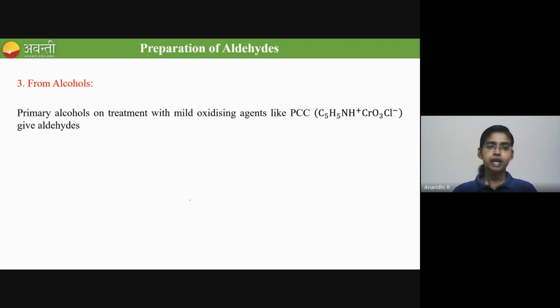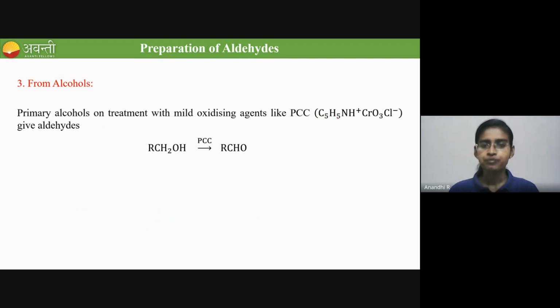Primary alcohols on treatment with mild oxidizing agents like PCC give aldehydes. What is PCC? PCC is pyridinium chlorochromate. It is one of the mild oxidizing agents which oxidizes the alcohol only till the aldehyde. It won't go to further oxidation, that is, it will not oxidize the alcohol to carboxylic acids.